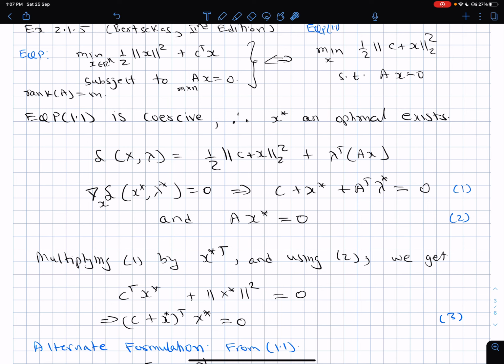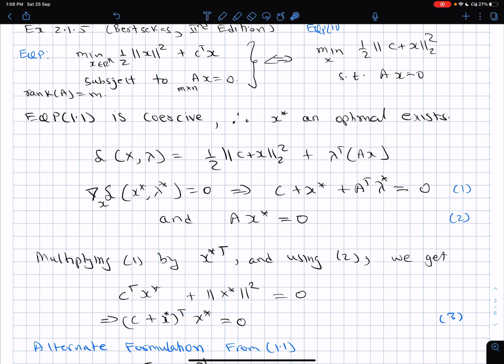Now, I have been emphasizing all through that the first thing you should always check is whether a minimum exists or not. Only if a minimum exists should you go forward to actually calculate it. So the existence for this particular problem, minimize the square of the length of the objective function subject to the restriction Ax is equal to 0, is very straightforward because our objective function is coercive.